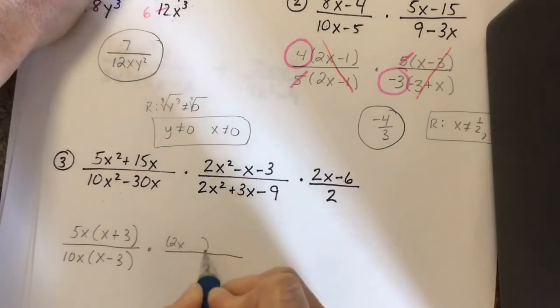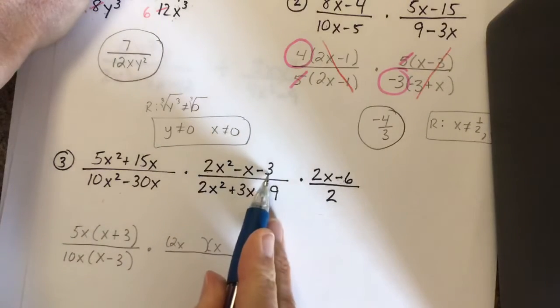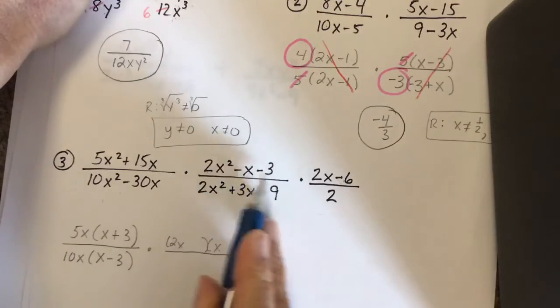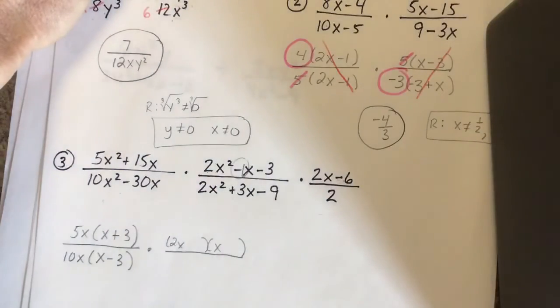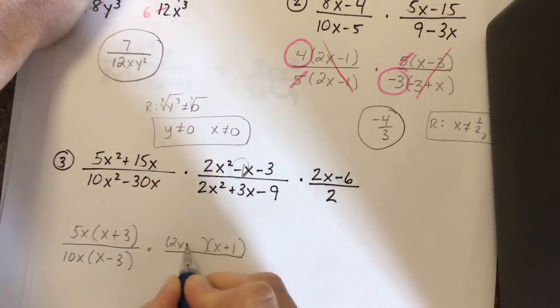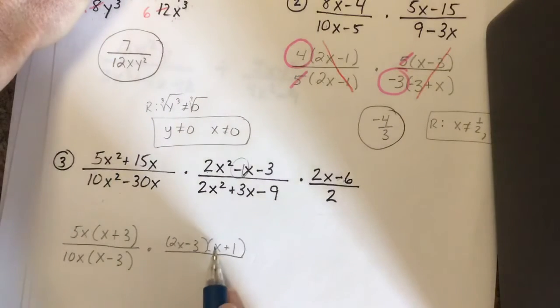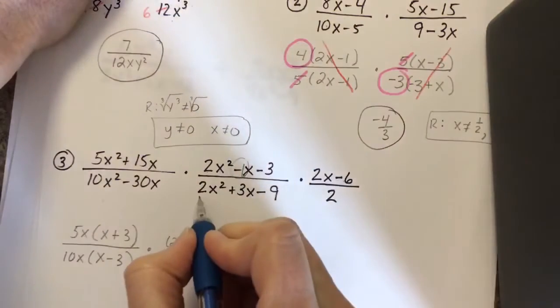I need 2x and x to factor, 2 and negative 3 to multiply, add to negative 1. Let's see. So this could be a plus 1 and a minus 3. Yes, negative 3 plus 2, check. All right, how about this last guy?